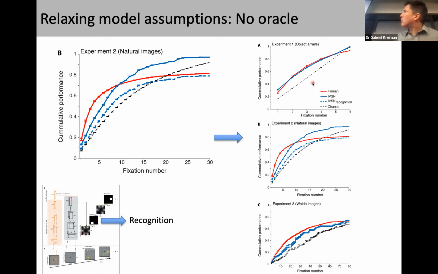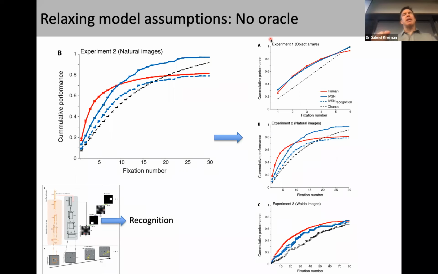Okay, so just one quick comment. I told you that the way the model decides whether it found the target or not was by using an oracle. We tell the model, you got it right, you got it wrong. Instead of that, what we should be doing, and what we're doing here, is to have a visual recognition system. So at each location, we actually recognize the object and we say, is that similar to the target or not?